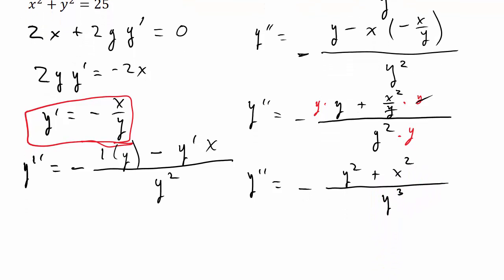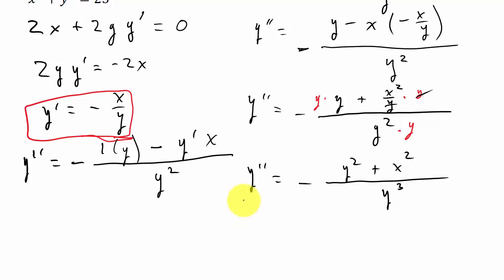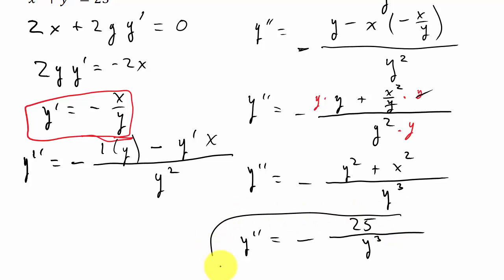Now that leaves me with my second derivative. Y double prime is equal to negative, and this is going to be 25 over y cubed. So this is my answer. Where did I get the 25?